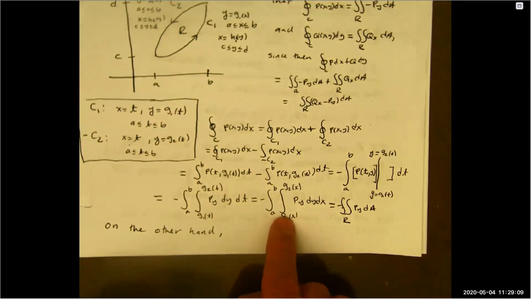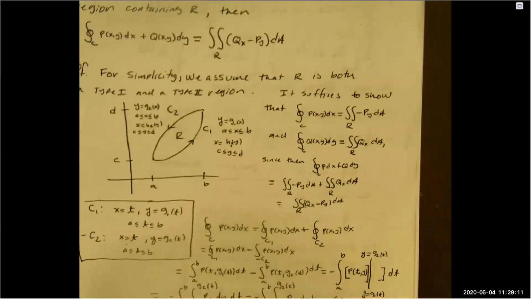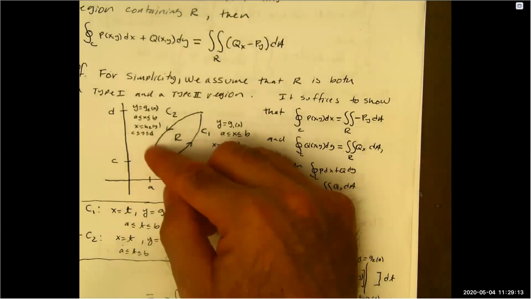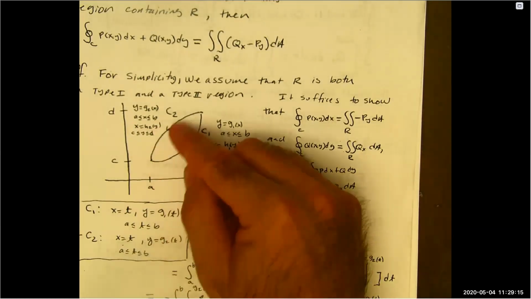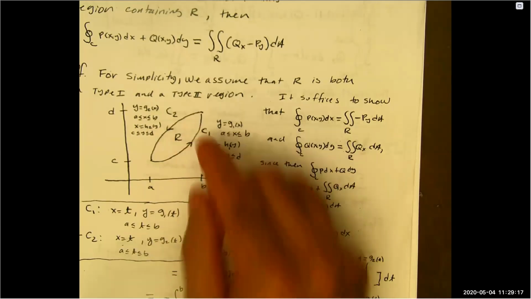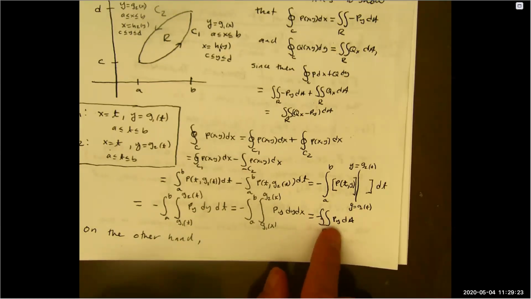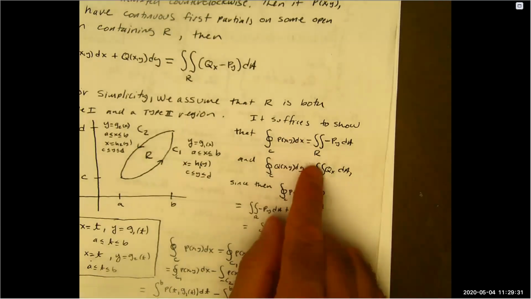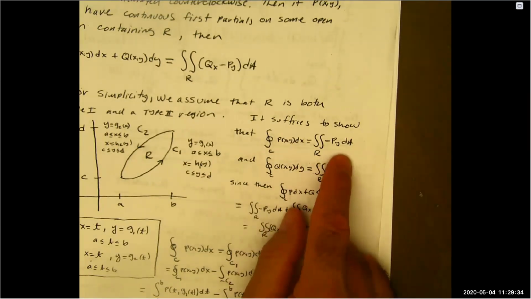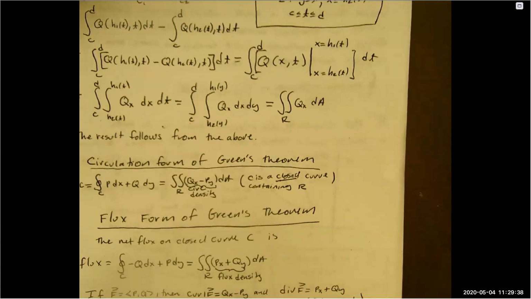What this means is that we're basically integrating over a region. If we sweep this out with vertical line segments, we would have R there. So this is equal to minus the double integral of Py over R. So that's our first goal. All right, so let's take a look at the second part.